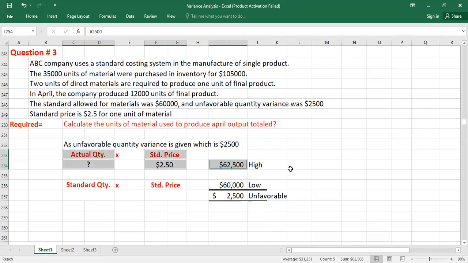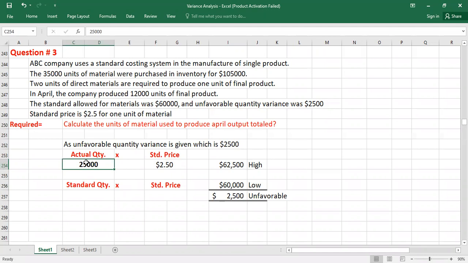But now you have to go in reverse. So the actual quantity will be 25,000. These are the quantity of the material, which is what the question is asking you to produce.